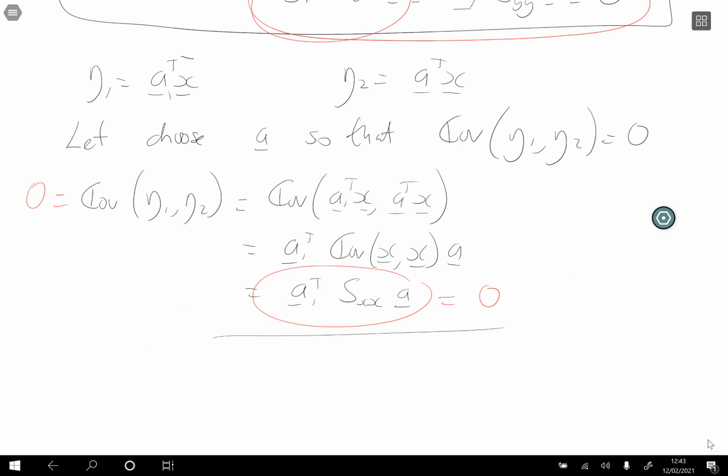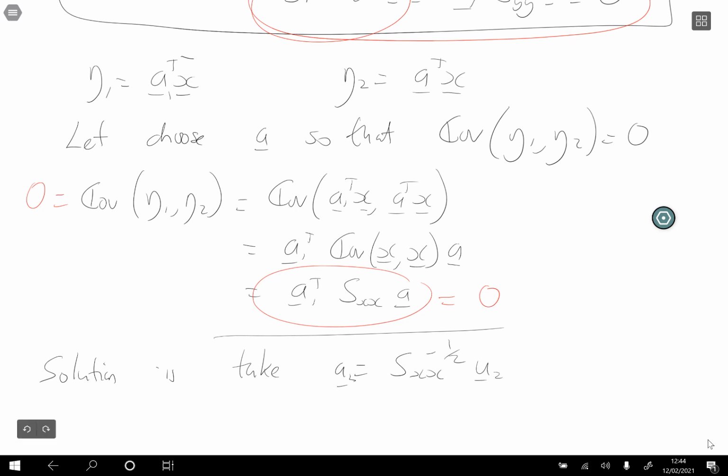If you've been paying attention in the PCA video, and this looks a lot like the PCA material, it probably isn't going to surprise you to find that the solution is to take A2 to be SXX negative square root times U2, instead of U1 like we had before.